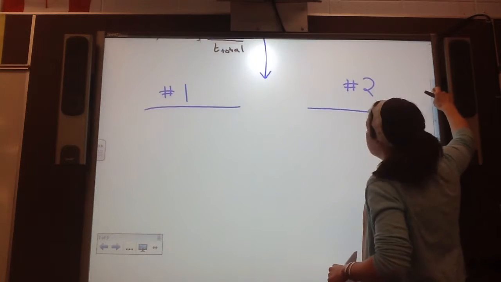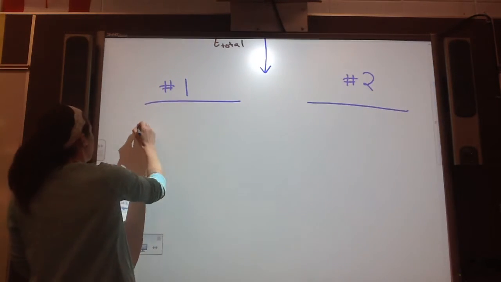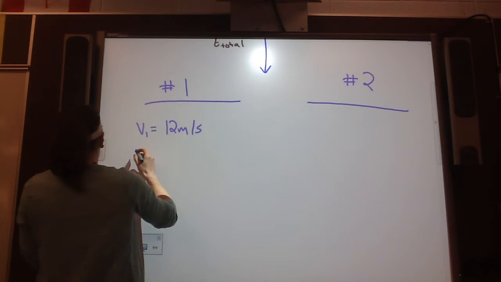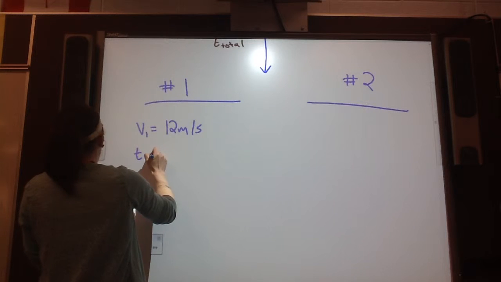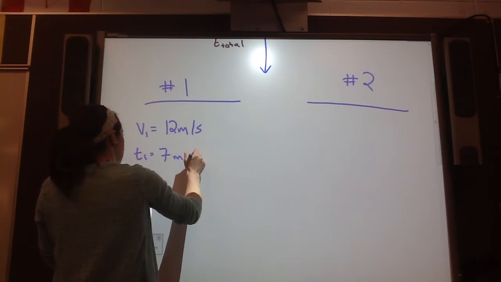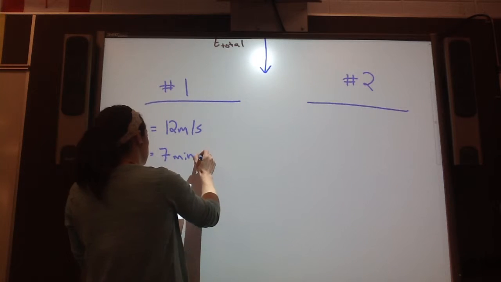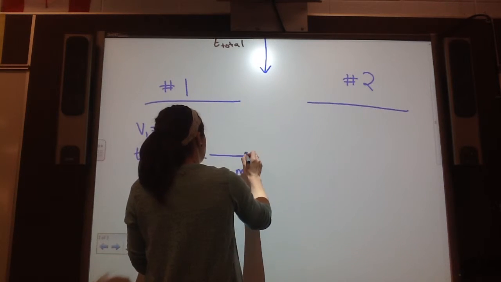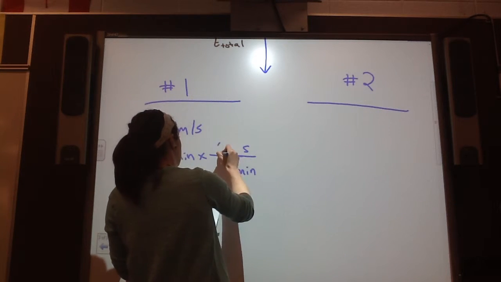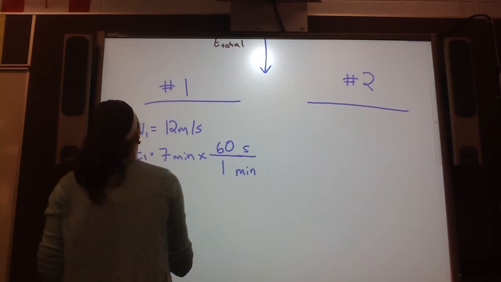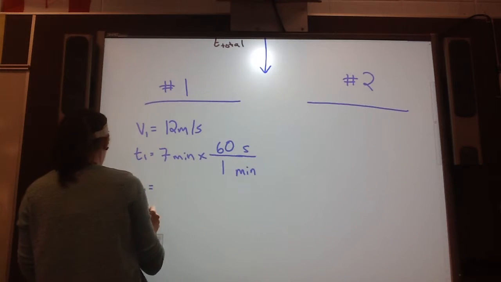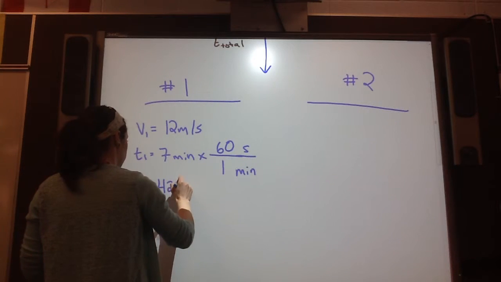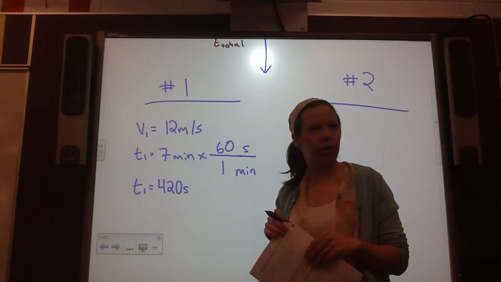So for number 1, my information is that V1 was 12 meters per second, and my T1 was 7 minutes. I need to convert that to seconds. So I'm going to times by a fraction. It has minutes on the bottom and seconds on the top. 60 seconds for every 1 minute. So it's 420 seconds.